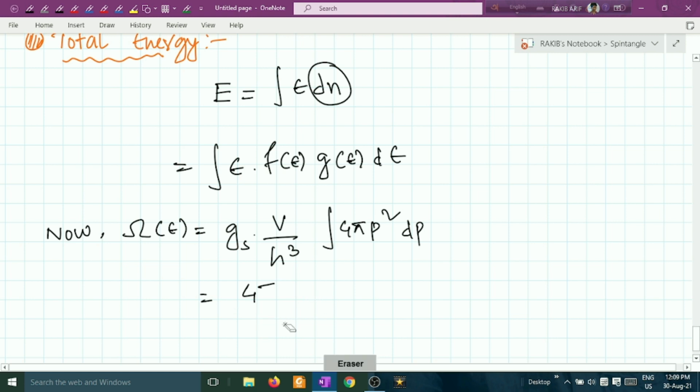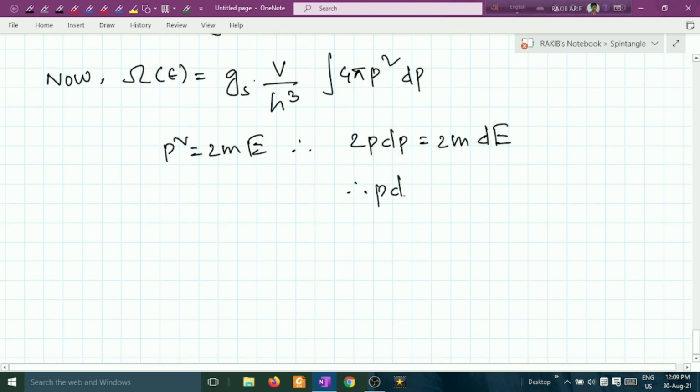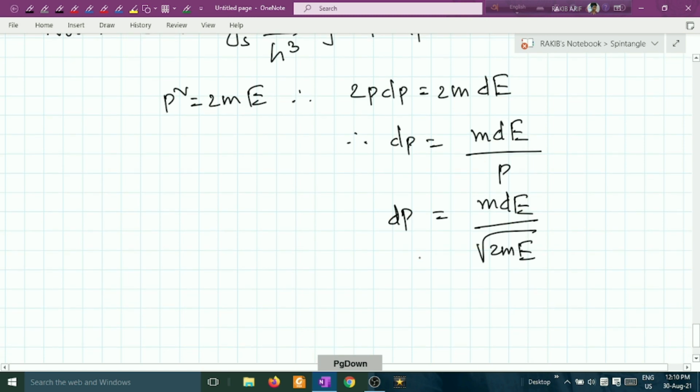Just wait, I'm doing this. So we have p square equals to 2me, and 2p dp is 2m into de. Therefore p dp will be m de, so dp will be m de upon p, and here it becomes m de upon root over 2me. This is our dp. Okay, put this thing on the equation.